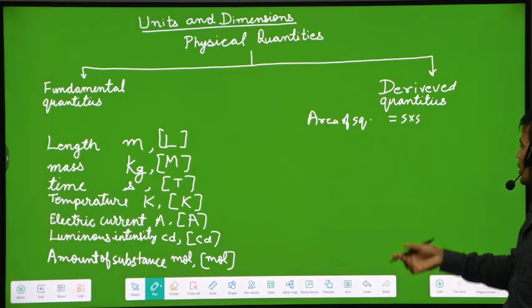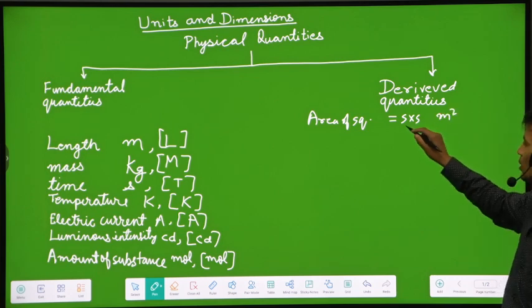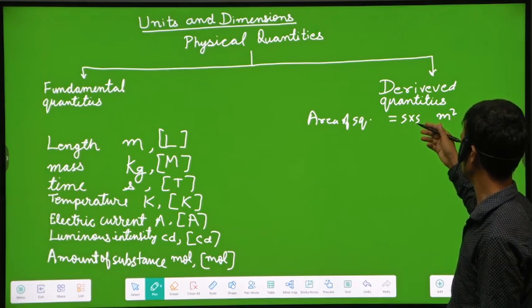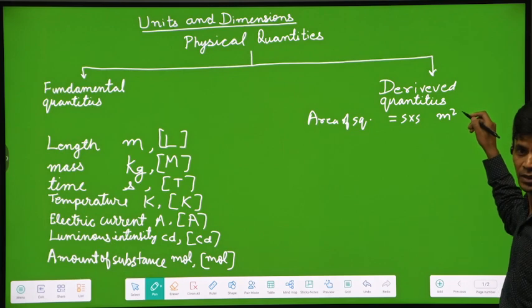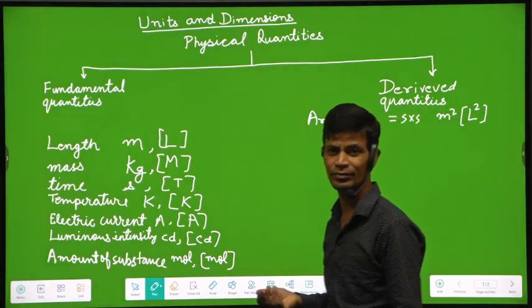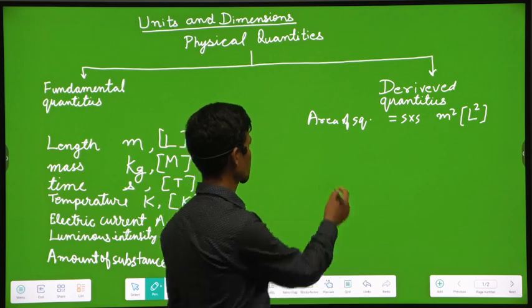So its SI unit will be meter square, because one side will be measured in the unit meter and the other also in meter, so meter square, and its dimension will be L2. You can call it L square, but we generally call it L2.